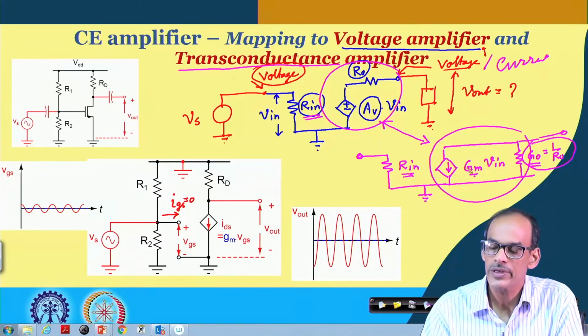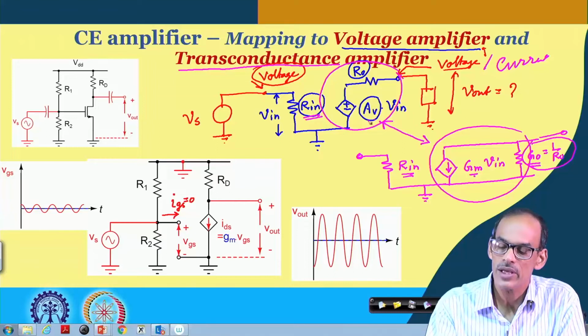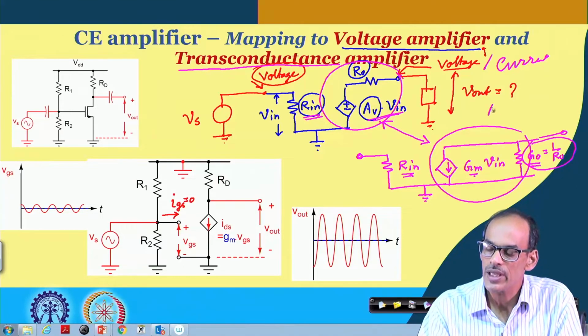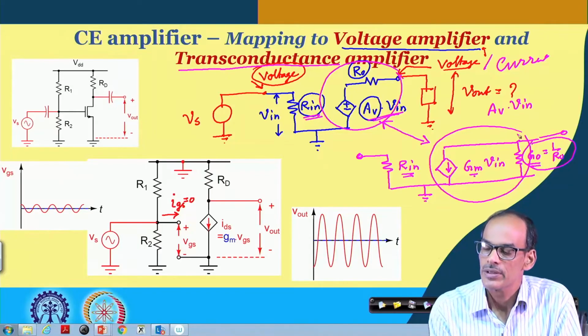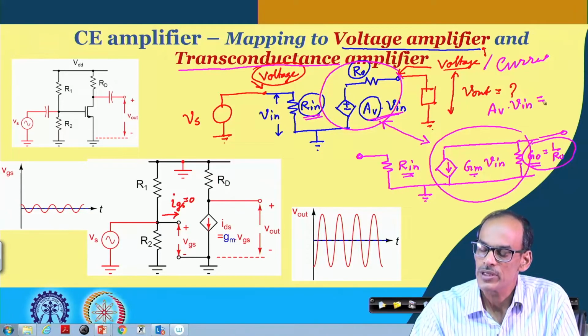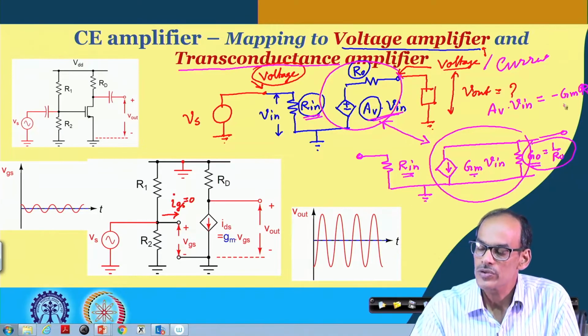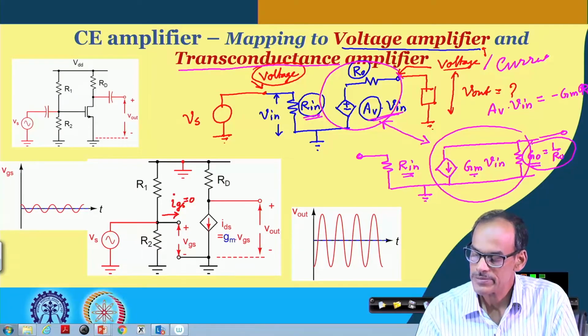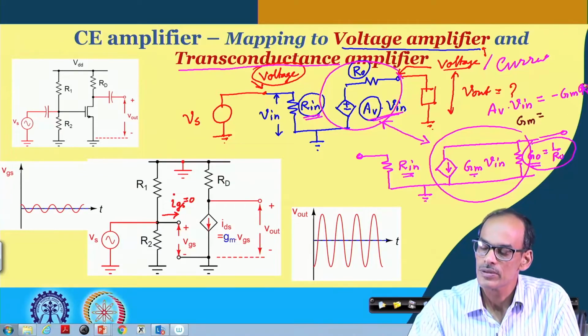On the other hand, whenever the circuit is open, we get the voltage here the same as the internal voltage, which means that A V into V in must be the same as the voltage developed here, namely equal to minus G m into R 0.